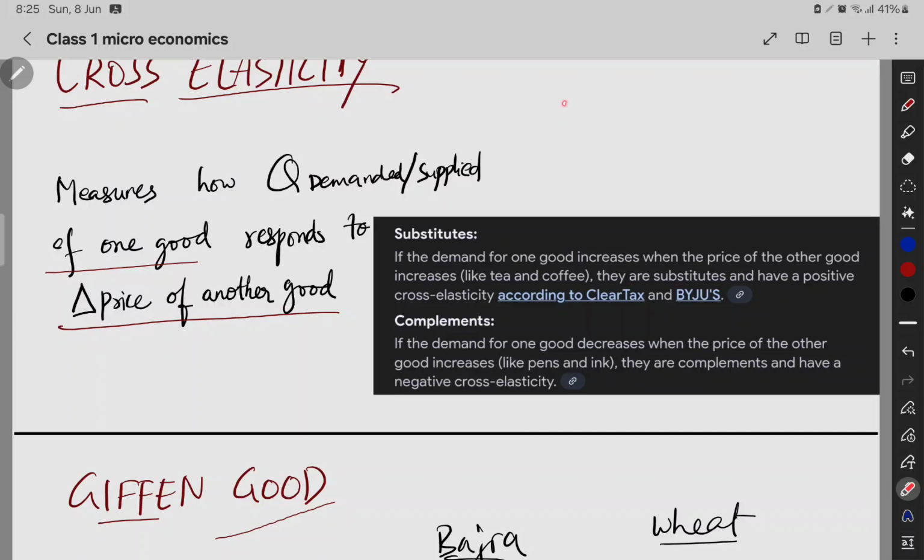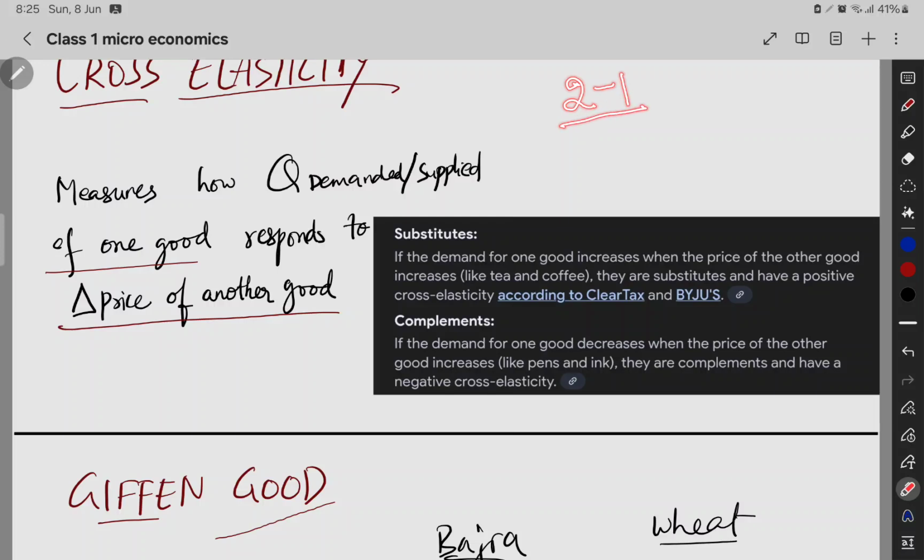See, I will always take maximum minus minimum, final minus initial by final. What happened to the quantity demanded? It increased. Let us say it increased to 2 from 1, so 2 minus 1.